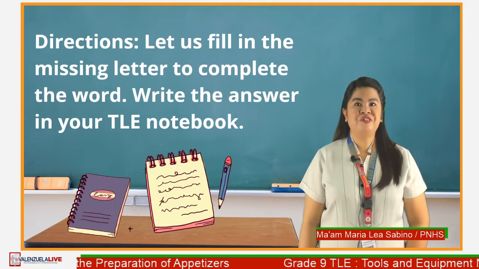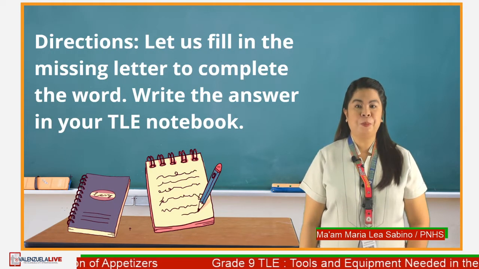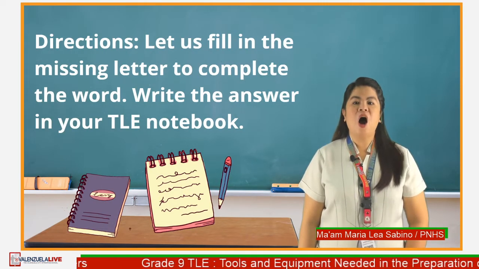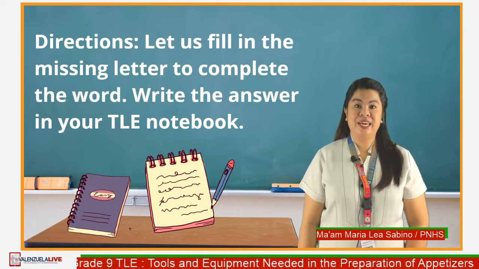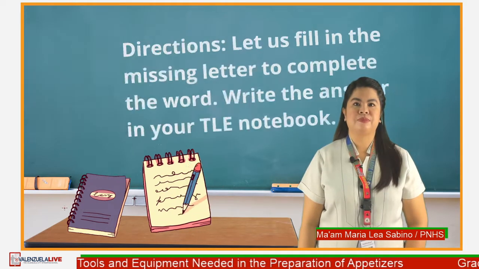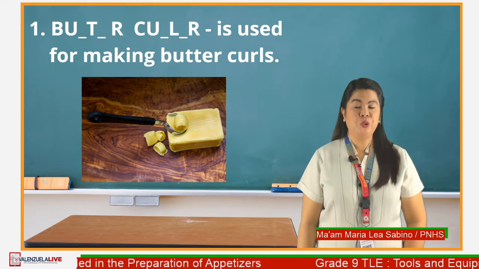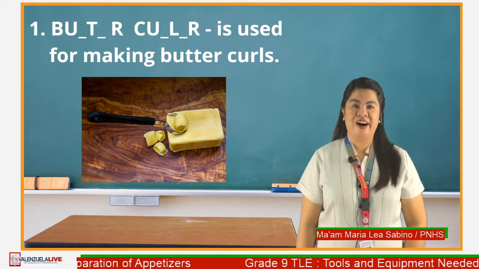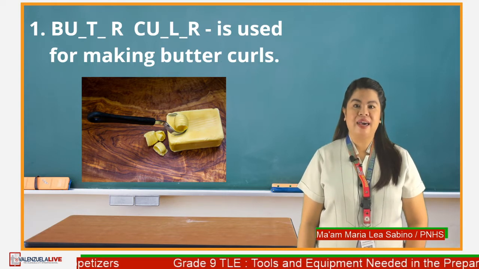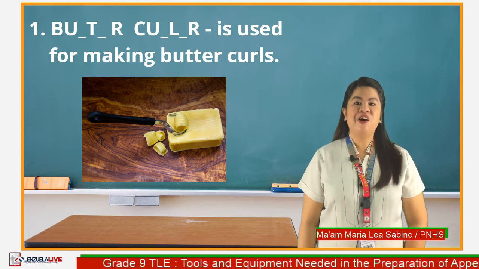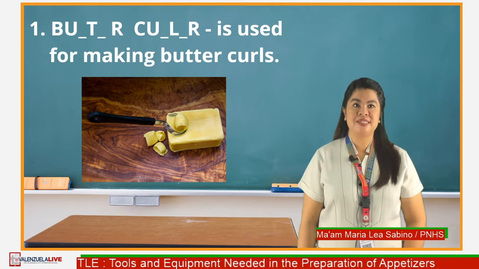Directions. Let us fill the missing letter to complete the word. Write the answer in your TLE notebook. Number 1. Letter B, U blank, T blank R, CU blank, L blank R is used for making butter curls.